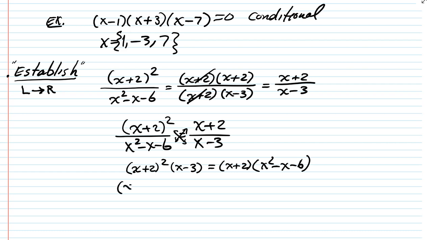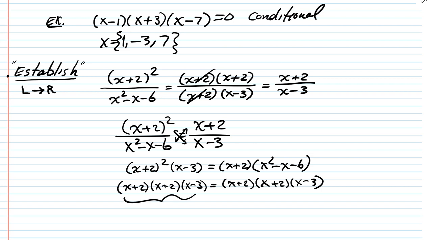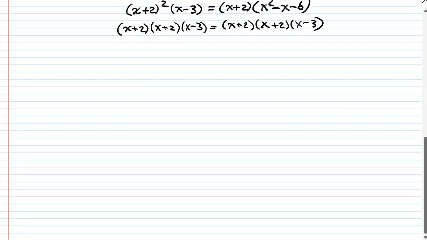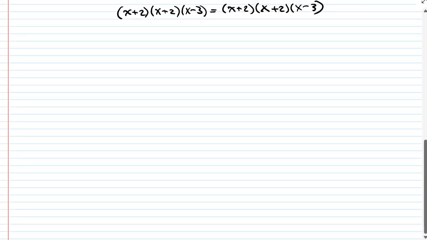Well, (x plus 2) squared, you can write as (x plus 2)(x plus 2), over (x plus 2)(x minus 3). And x squared minus x minus 6 is (x plus 2)(x minus 3). And you see, these are the same. So people do this kind of thing. And again, it's done all the time. I just want to again clarify. To me, establish means you work from the left side and you show the right side. It's true.